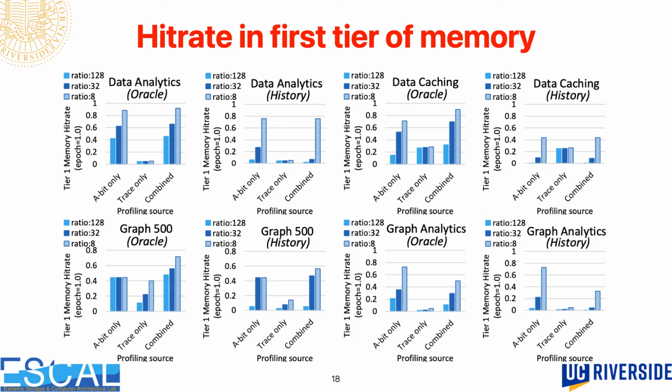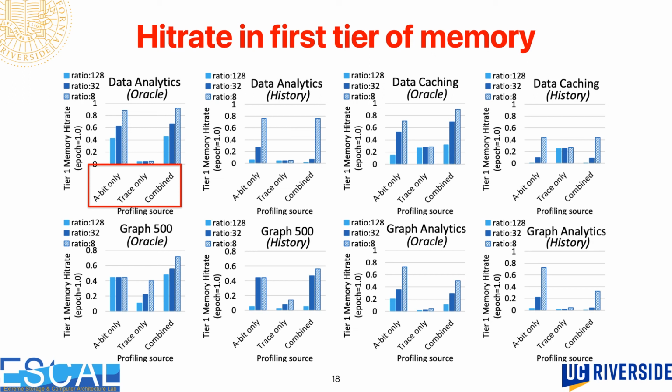Now we show you the results of the trace-based simulation. This experiment assumes TMA has two tier memories, including Tier 1 and Tier 2. For the first benchmark, it shows the result of Oracle and history policies. Look at the graph.